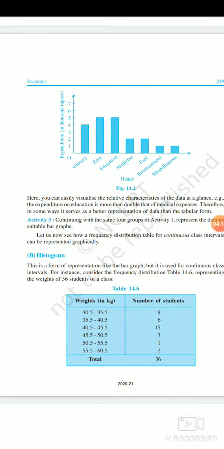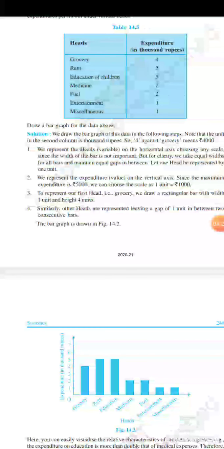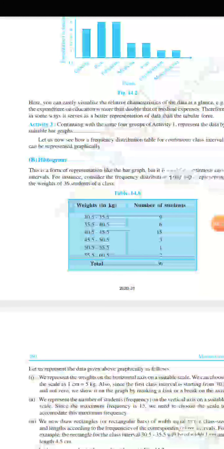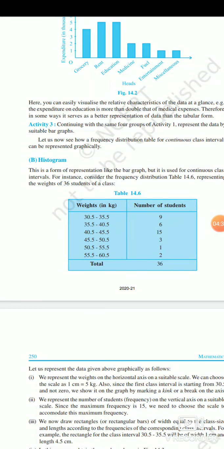Now we are going to study the same thing in the grouped frequency table. In the previous problem we studied ungrouped data. Now we need to study the grouped frequency table, for that, the histogram. A table is given, weights in kilogram and number of students. The classes are 30.5 to 35.5, next 35.5, and so on. It is of continuous type.